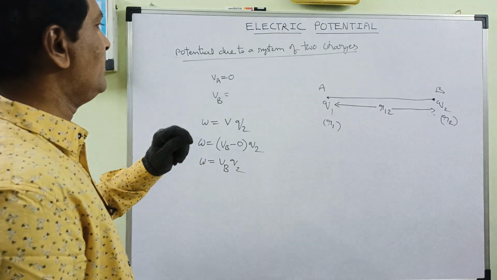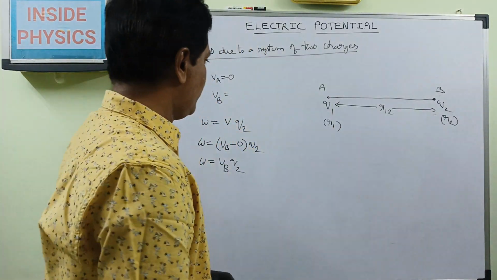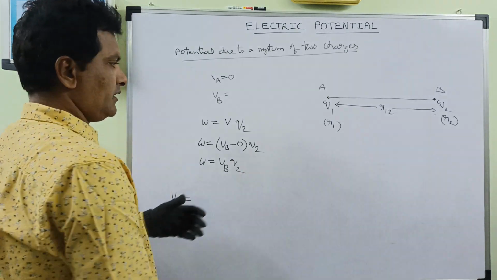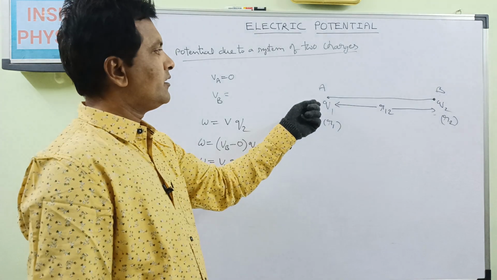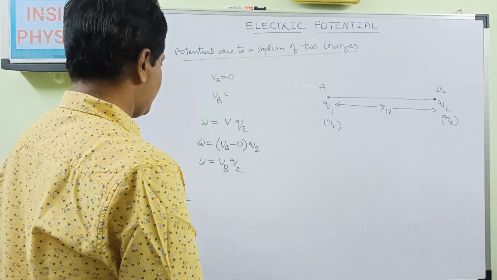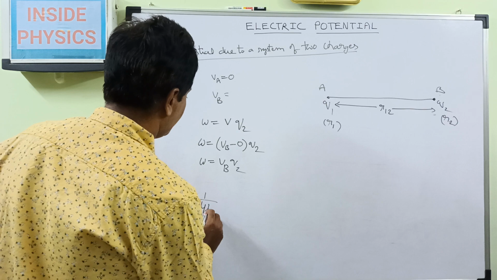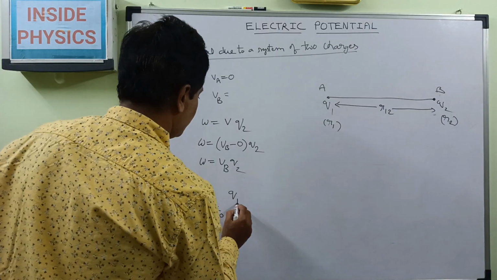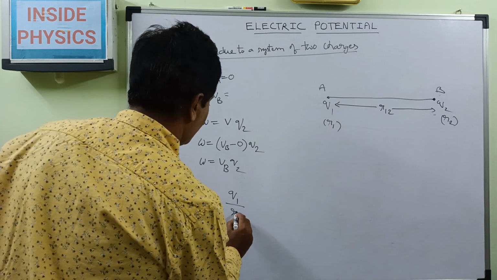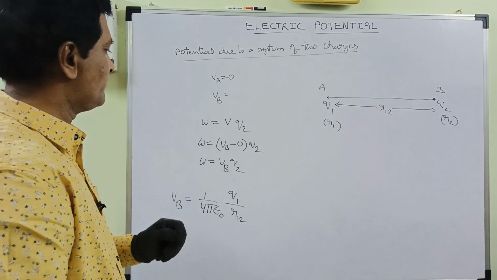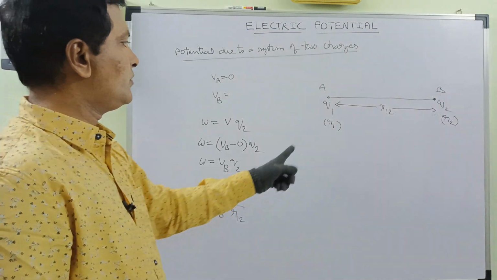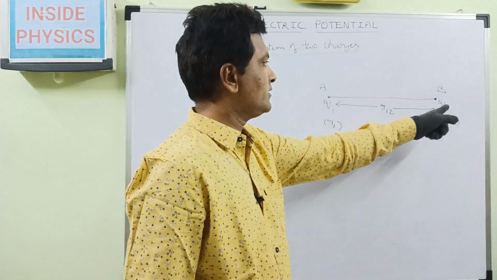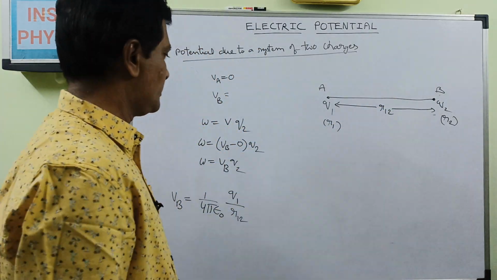But what is the potential VB at this point? We have just seen that the potential due to a single point static charge will be 1 by 4 pi epsilon naught into this charge Q1 by R12, right? So this is the potential due to this charge, and this is the work done to bring this charge Q2 from infinity to this point.